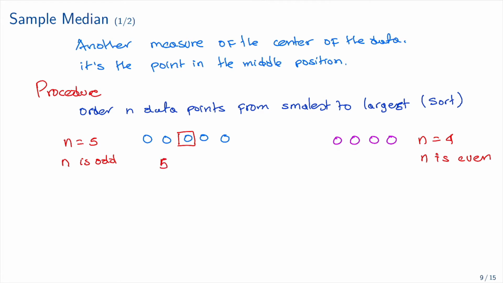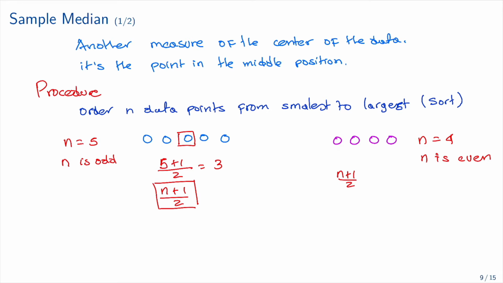In the case when n is odd, the position in the middle is easier. If we have 5 plus 1 divided by 2, equal to 3, that's going to give us the position in the middle. So we have n plus 1 divided by 2. In the even case, we do exactly the same thing, n plus 1 divided by 2, but that's going to give us a non-integer number.